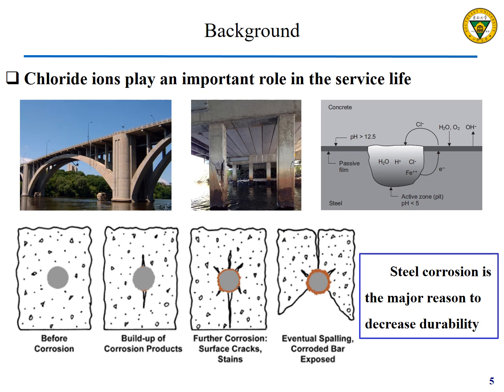To evaluate a new cementitious material, durability is a very important factor. As far as we know, steel corrosion is the major reason for decreased durability. Therefore, chloride ions should be paid much more attention, because chloride ions are quite common in some environments, such as bridges.